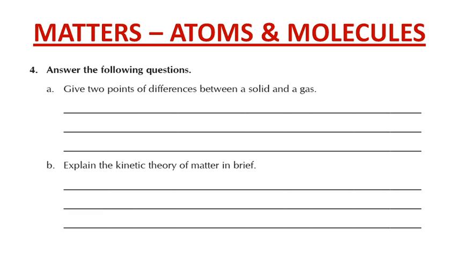So a solid is having a definite shape and a definite volume, whereas a gas is not having a definite shape, and it is not having a definite volume also.